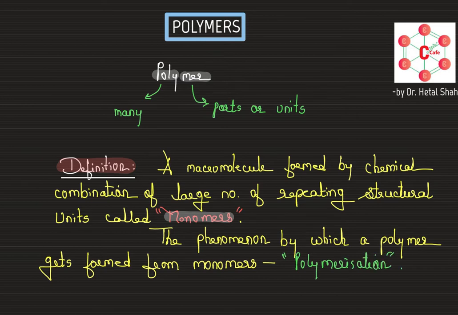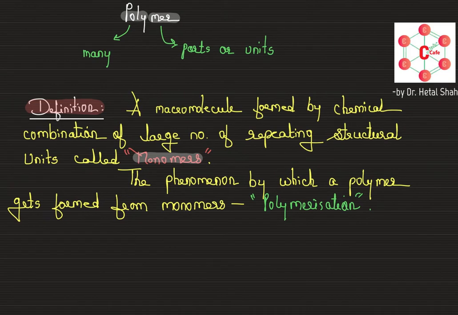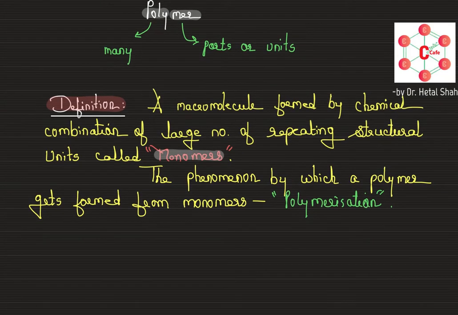right? So you must be wondering what should be the approximate molar mass of any polymer. Now, we cannot always give a perfect molar mass or a perfect range of molar mass, so we have this very broad range given.